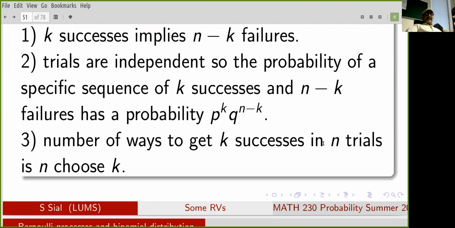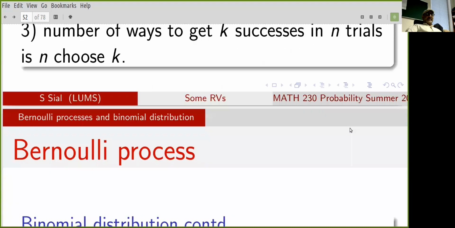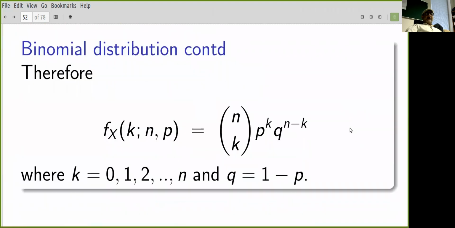The number of ways to get k successes in n trials is n choose k. Therefore, the PMF for the binomial distribution is n choose k, p to the k, q to the n minus k. K can take integer values 0, 1, 2 up to n, and q is 1 minus p, where p is the probability of a success.